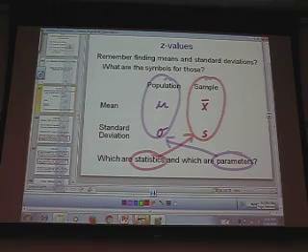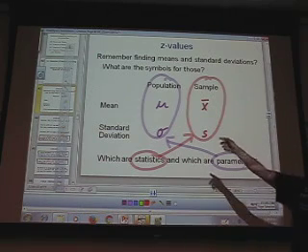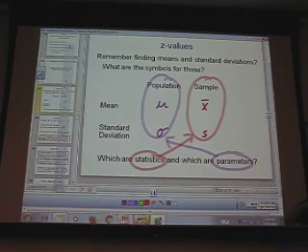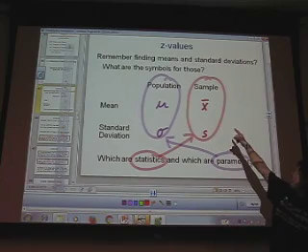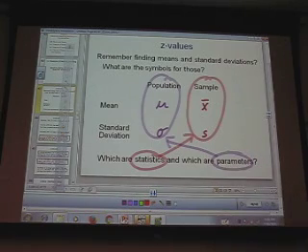Mu and sigma are parameters. People freak out when they see the word parameters. Things that are for the population, mu and sigma, those are parameters. Statistics are our sample mean and our S. This class is called statistics, so typically we'll be dealing with finding X bars and finding S's.